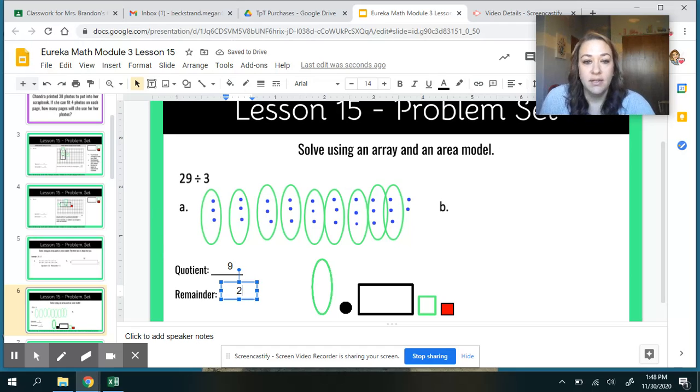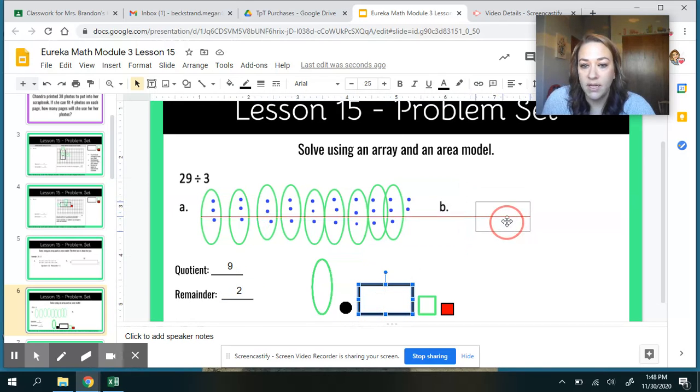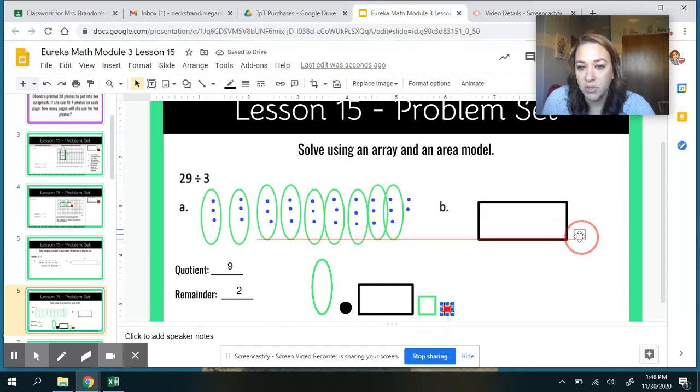Okay? So if I was in my rectangle, I didn't have everything equally in there. So if I had 2 remainders, I need 2 little boxes over here. 1, 2. And we have 9 and 2.